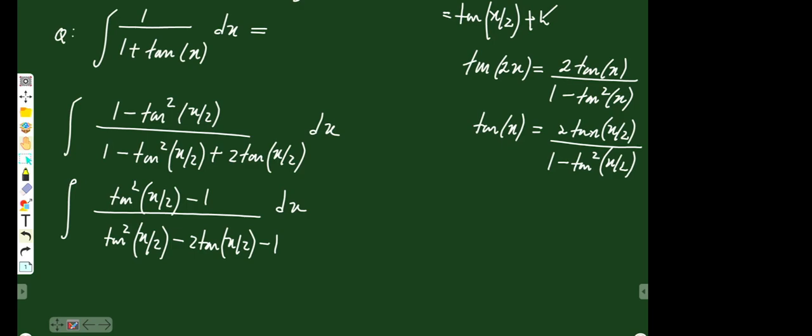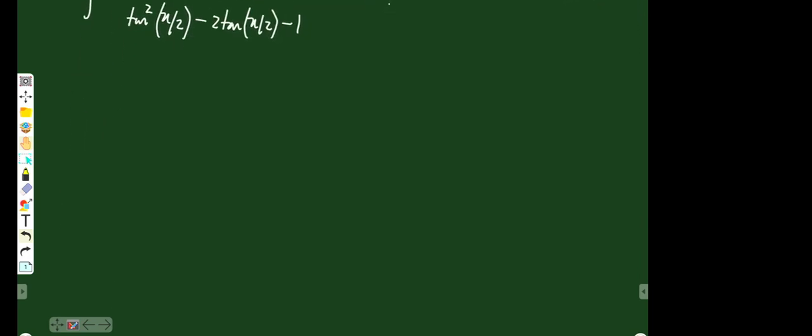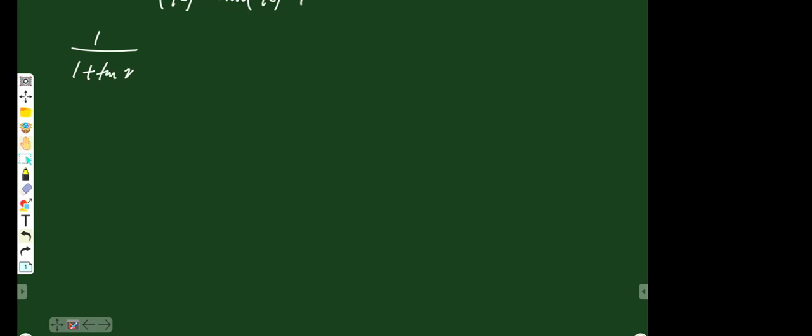But here we stuck, right? Okay, so we'll move on quickly. So what Anuk is saying, 1 divided by 1 plus tan x multiplied with 1 minus tan x and then 1 minus tan x, right?